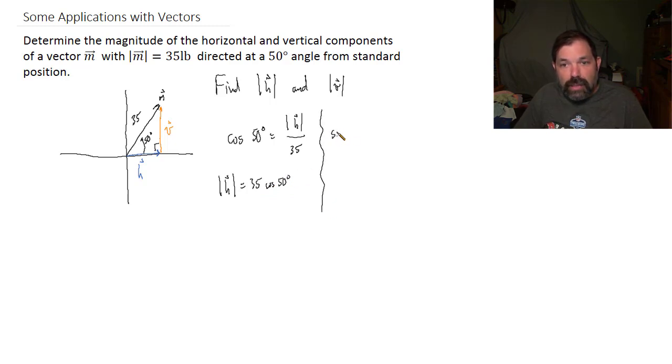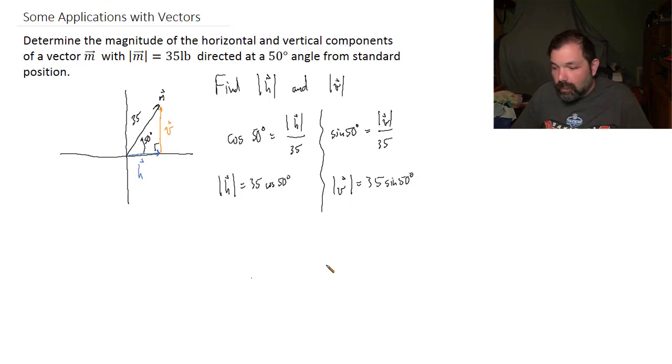Similarly, the sine of 50 degrees would be equal to the magnitude of the v vector over 35. And so the magnitude of the v vector would be equal to, sorry, that should be a v and it looks like a w, 35 sine 50 degrees.